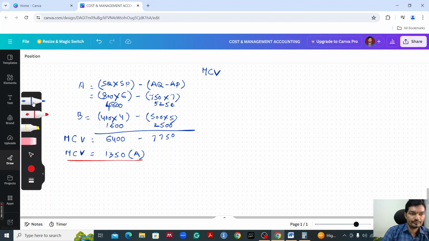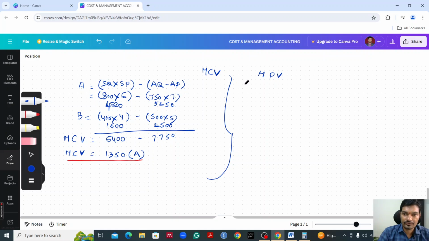Then coming to MPV, material price variance.